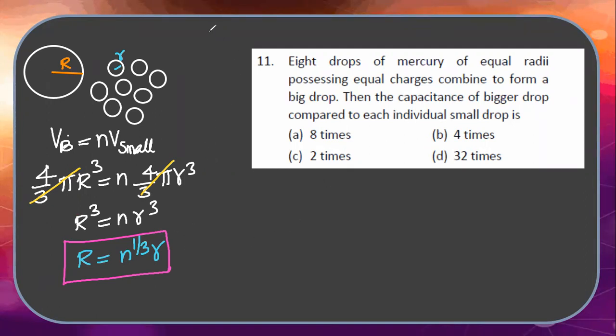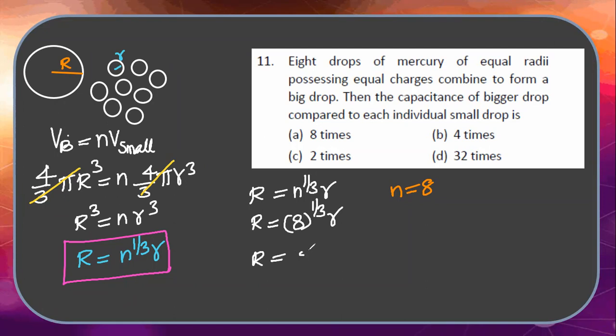This is the formula. Then what did they say? R is equal to n power 1 by 3 into r. Given that 8 drops are combined, n is equal to 8. R is equal to 8 whole power 1 by 3 into small r. We may write 8 as 2 whole cube, whole power 1 by 3 into r. Then this will get cancelled.